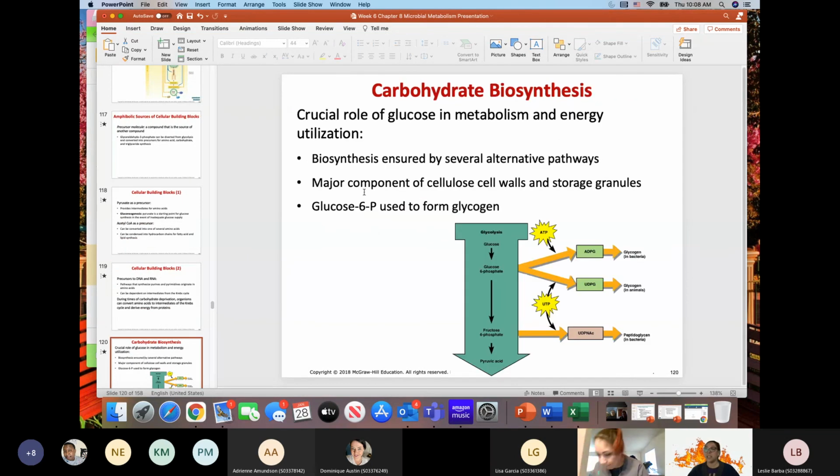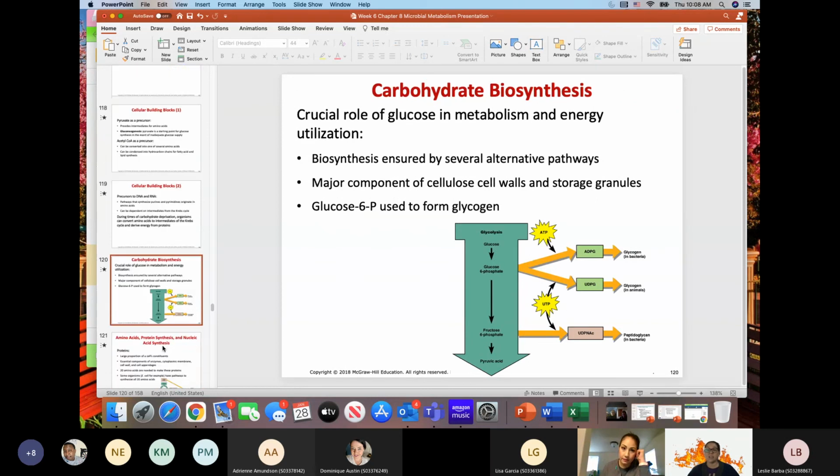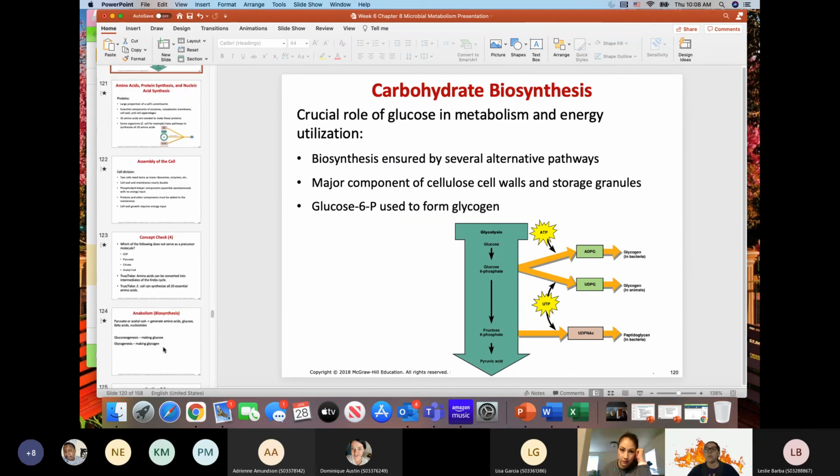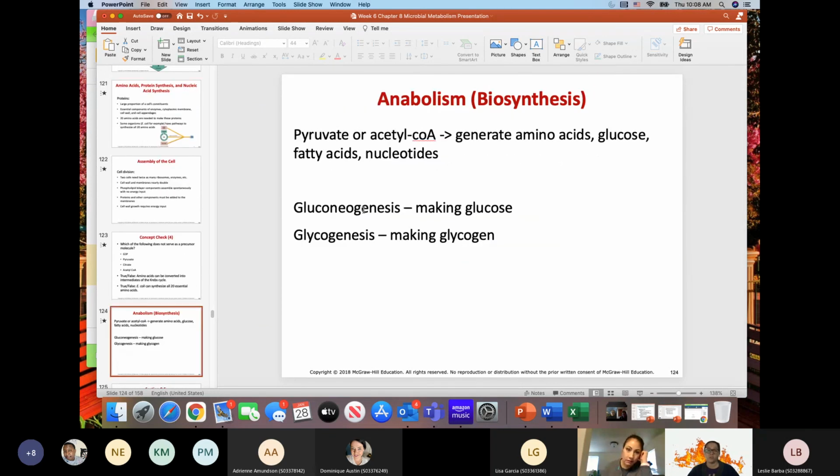Starting with carbs, guys, it turns out you can actually make glucose if you need. The process of producing glucose is a really energy dependent process, and that process of making glucose from scratch we call gluconeogenesis.